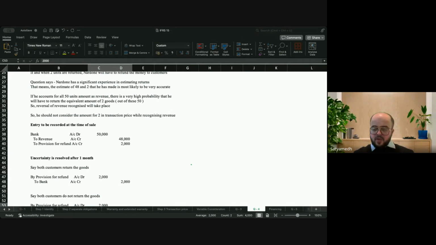And because you have reason enough to believe that, you should not credit revenue in the first place. Later on, when the uncertainty is resolved, at that particular point in time, you can reverse. When the goods are returned, then you don't have to reverse the revenue. You debit provision for refund and you credit bank. If the customers do not return the goods within 30 days, then debit provision for refund and credit revenue.